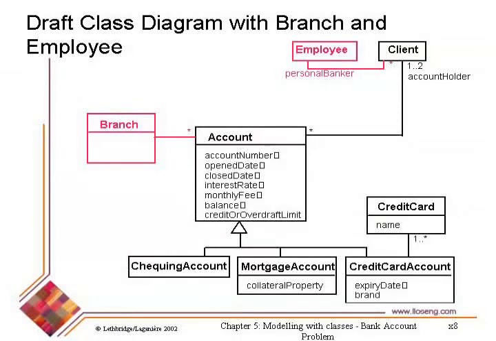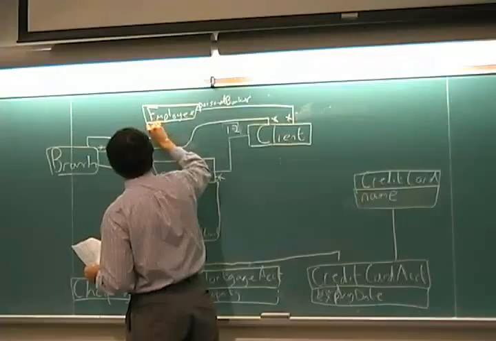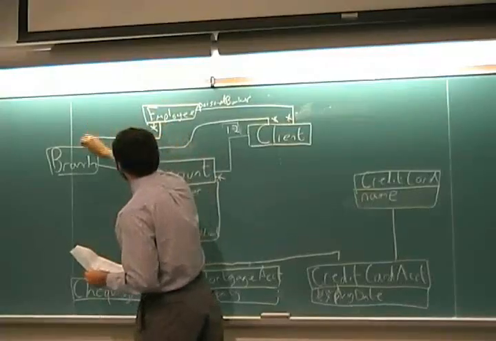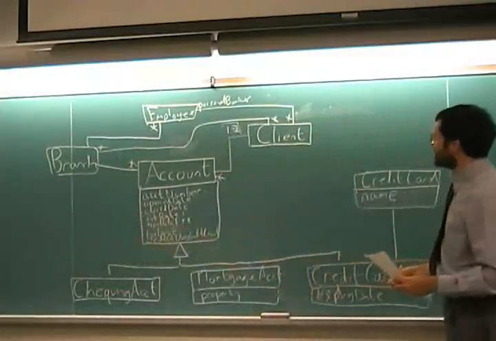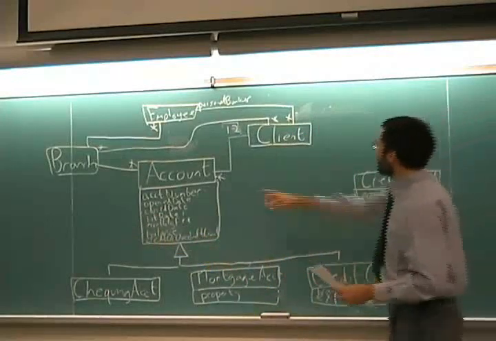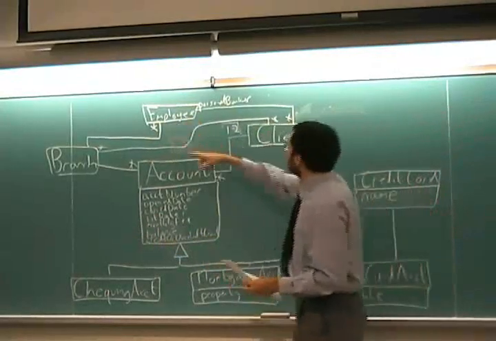And while we're on the topic of employees, what is the other information that we know? A branch has employees. Fine. A branch has many employees, and an employee works at one branch, which is probably reasonable. We've got a lot of associations here now. We've got branches have clients, branches have employees.